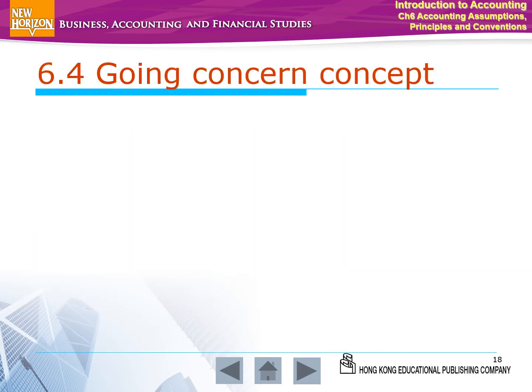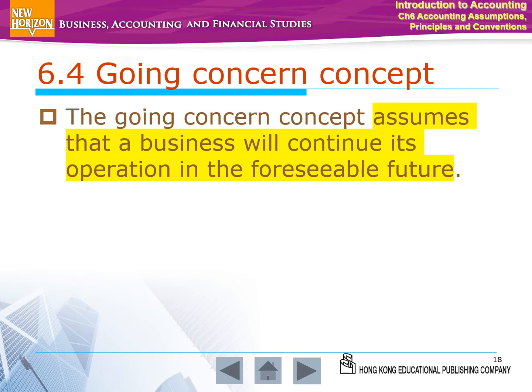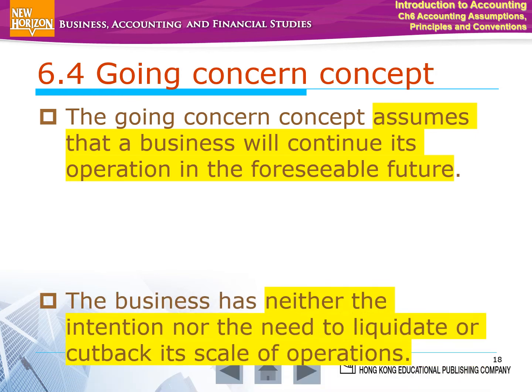After looking at the business entity concept and historical cost concept, we proceed to the next, the going concern concept. The definition of the going concern concept assumes that the business will continue its operation in the foreseeable future. The keyword is foreseeable future.